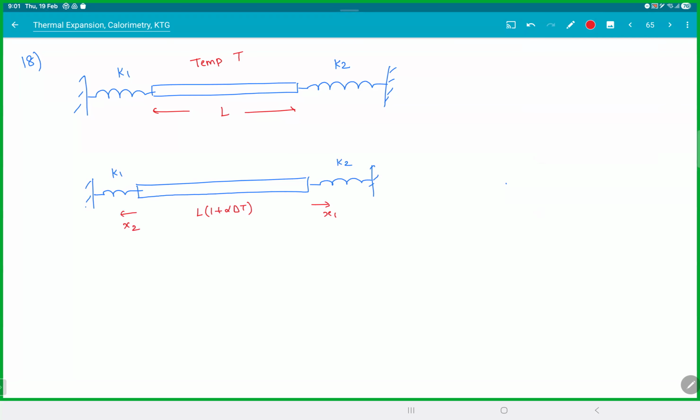Now we don't know, let's call it x1 and x2. Since the total length is constant, can I say like this? So x1 plus x2 must be equal to the change in length of the rod, which is L alpha delta T.